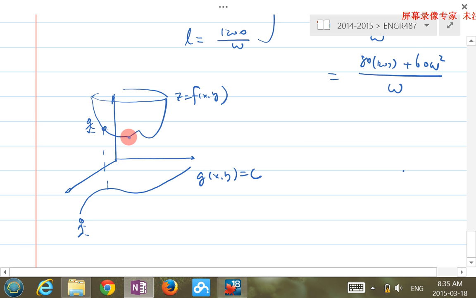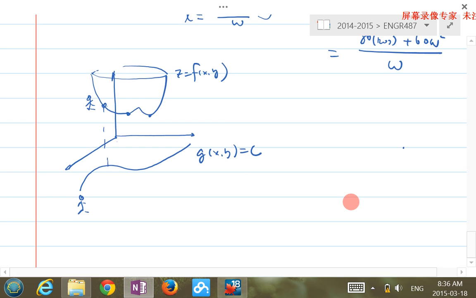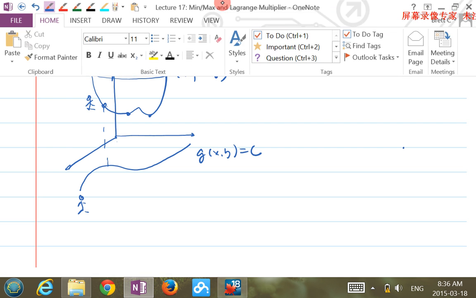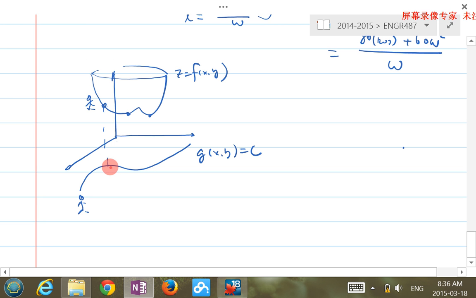So somehow, somewhere, you will have a minimum value. So that's basically what we're looking for, right? Or maximum value. Okay? So let's make use of a couple of known conditions here. As this is walking along the curve, I can always use a vector to indicate the direction of walking for this little person, right?